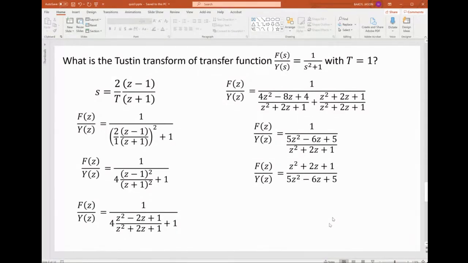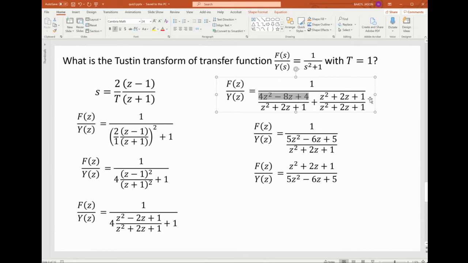Now, I actually screwed this up when I was working this out originally, because I forgot that it's important at this point to take the 4 and multiply it through the numerator, which I do here. Then I can take that 1 and make it z squared plus 2z plus 1 divided by z squared plus 2z plus 1, which is obviously equivalent to 1, but gives us a common denominator.